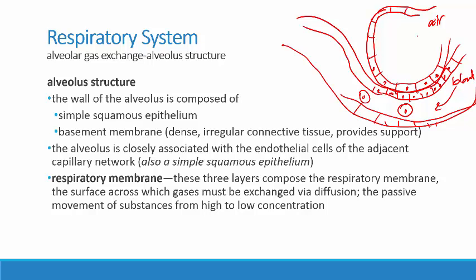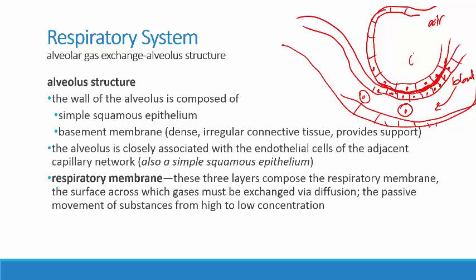So the respiratory membrane then is this layer of simple squamous epithelium, that is the alveolar layer, and this layer of endothelium of the blood vessel, and then the in-between layer of the basement membrane, where we have a bunch of protein fibers that are supporting, holding together the cells of the endothelium and of the alveolus. And so it's across this membrane, then, that oxygen and carbon dioxide must diffuse in order for respiration to occur.